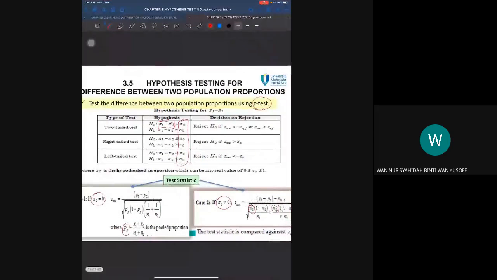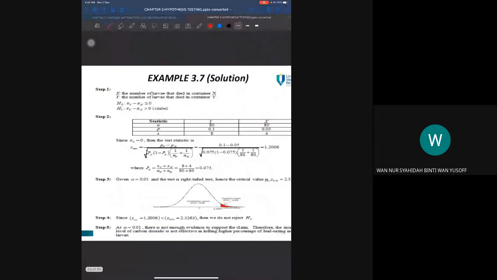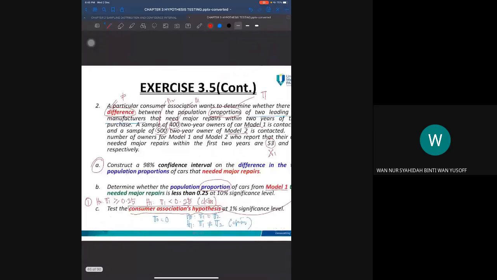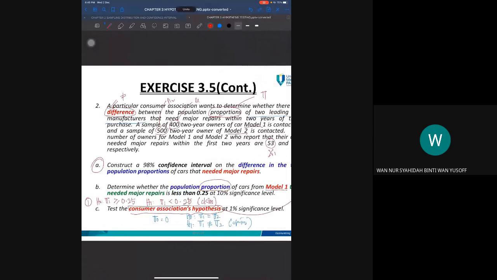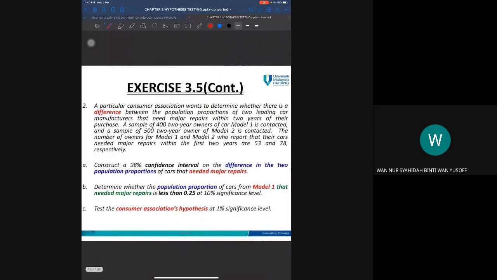Okay, so we go to exercise 3.5 number 2. What is the variable here?